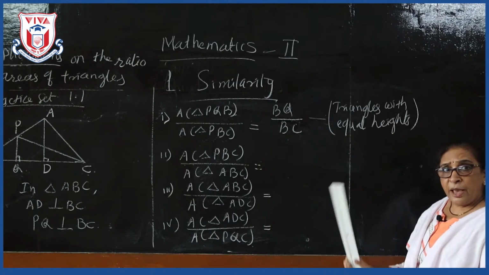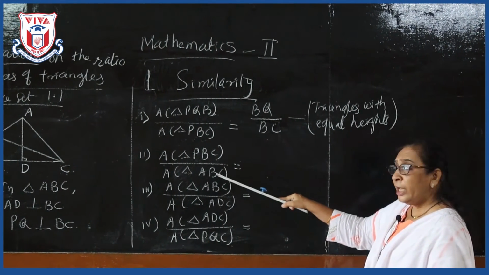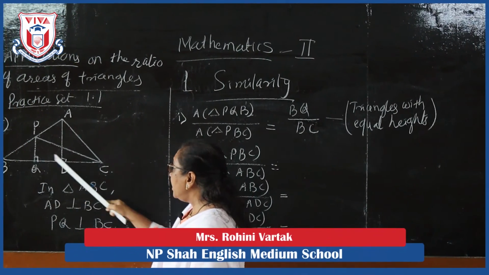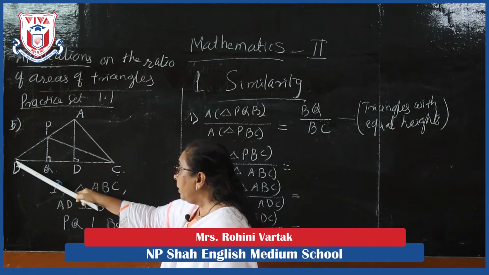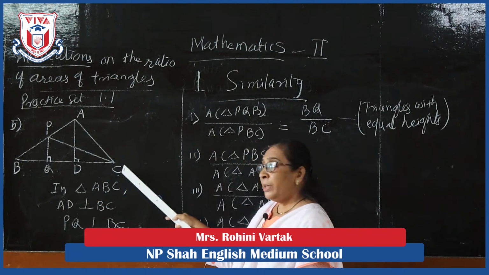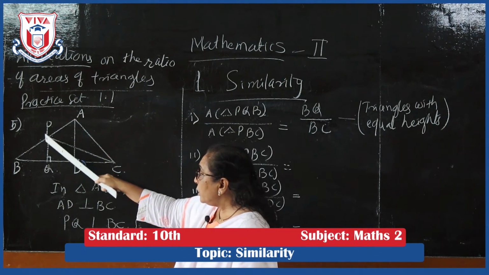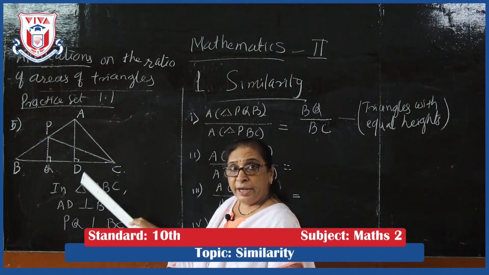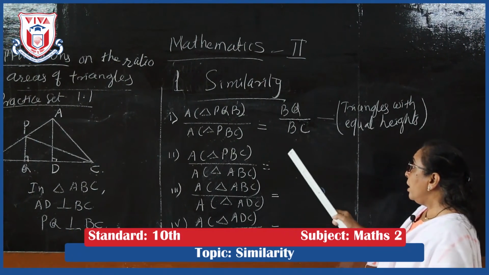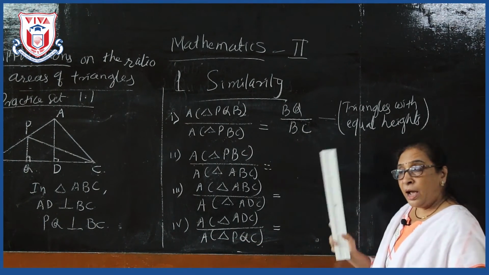See the second example. Area triangle PBC upon area triangle ABC. PBC and ABC, what is common here? The base BC. And for both these triangles, heights are PQ and AD. So, as their bases are equal, their areas are proportional to corresponding heights.